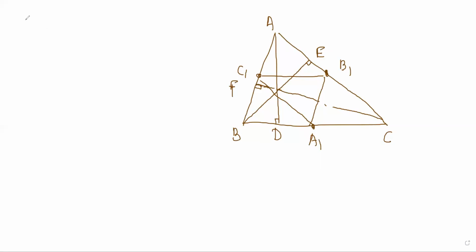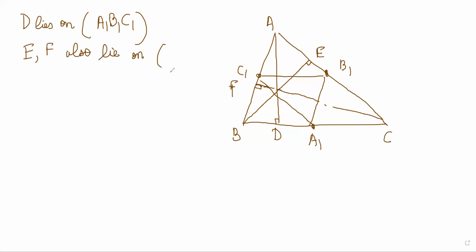We have just now proved that D lies on the circumcircle of A1, B1, C1. There's nothing special about the D altitude, so similarly E and F also lie on the circumcircle of A1, B1, C1, right?